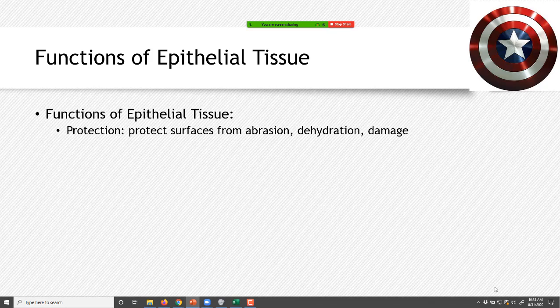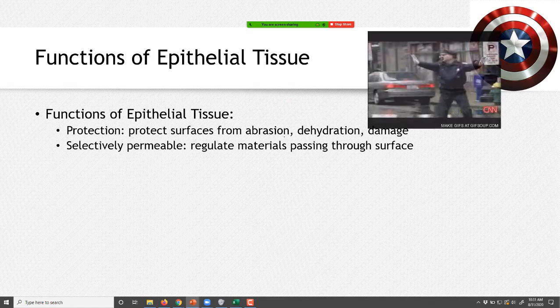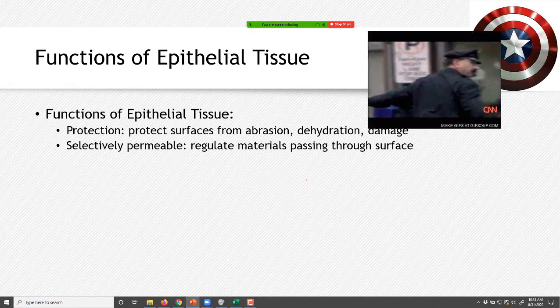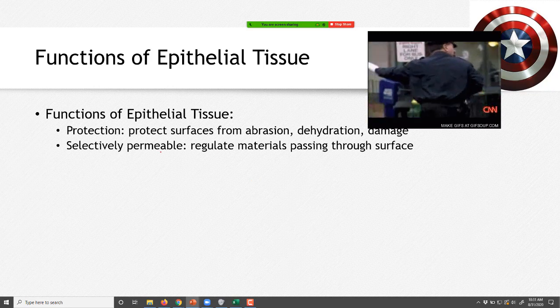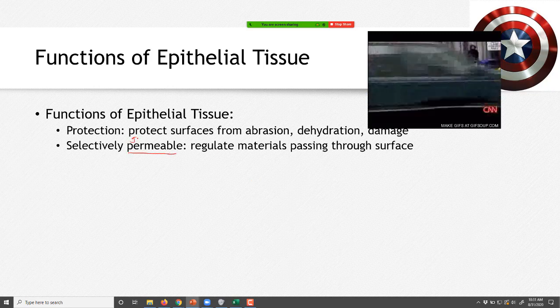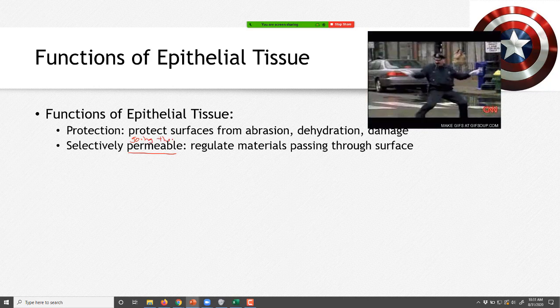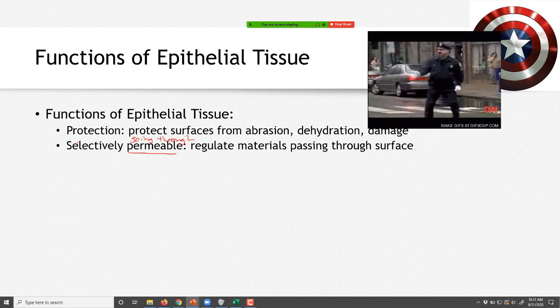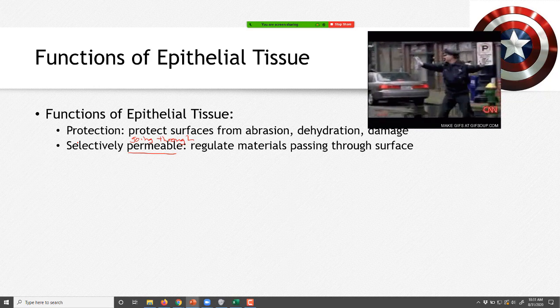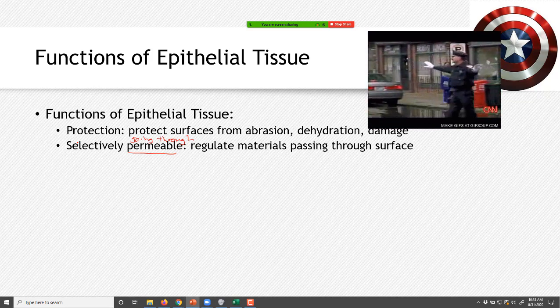We'll talk more about that when we get to the integumentary system, and also damage as well. It is selectively permeable. When I say selectively permeable, it means only certain types of things can go through. Permeable means going through. So it depends on what it is. It allows certain things to pass through and prevents other things from passing through.